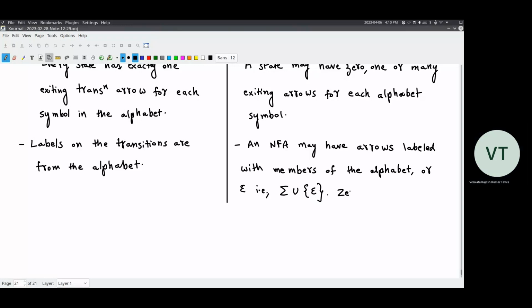Okay, 0, 1 or many arrows may exit from each state with the label epsilon.